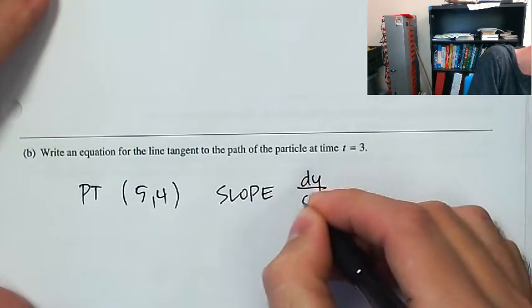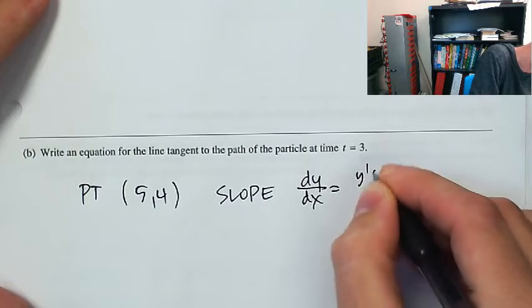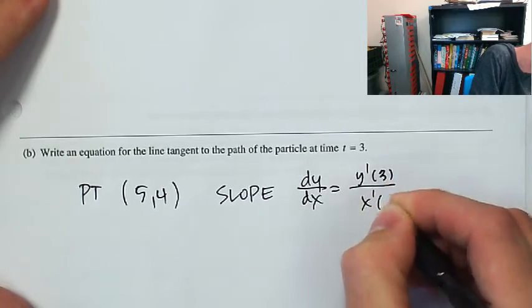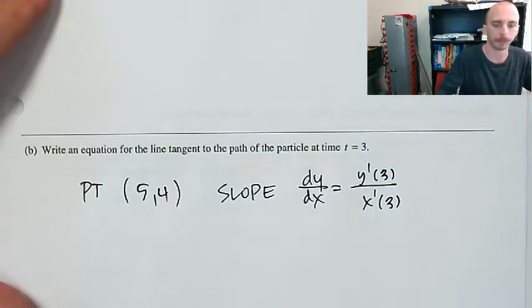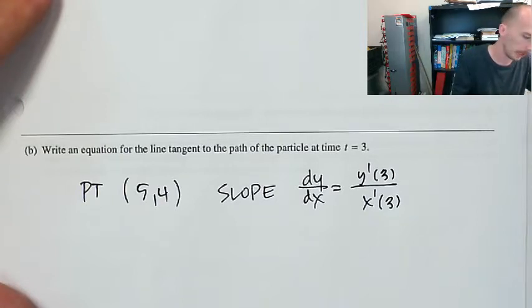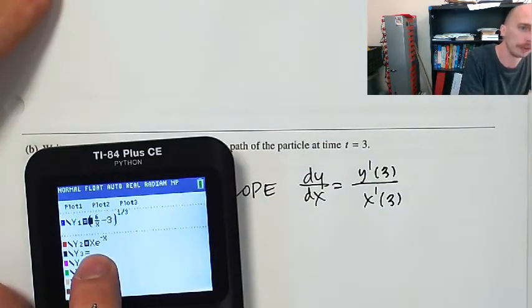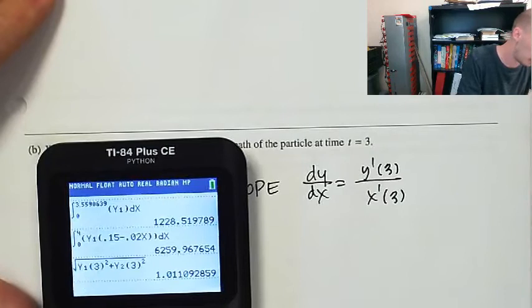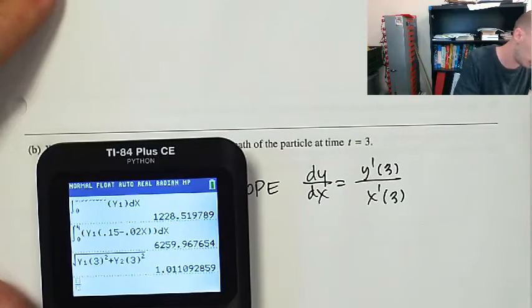is dy/dx equals y prime of 3 divided by x prime of 3. I've got y prime in y2, so I'm going to need to put y2 on top, but this is still something I can do, so that's going to be y2 of 3 divided by y1 of 3.